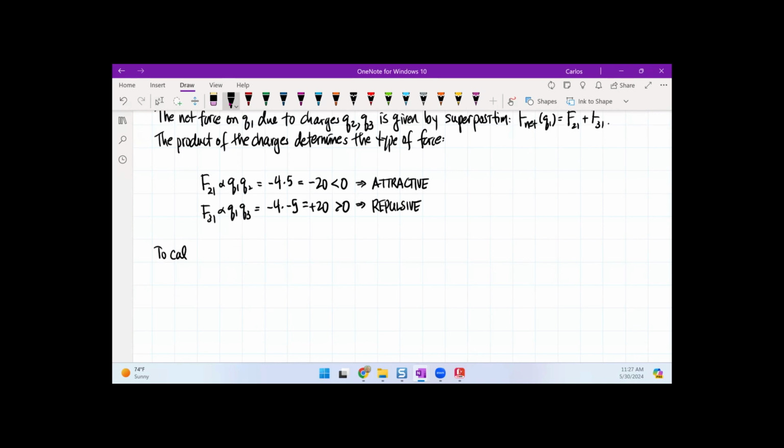To calculate the electric force, one must focus on getting the displacement vector. So let's look at the displacement vector.